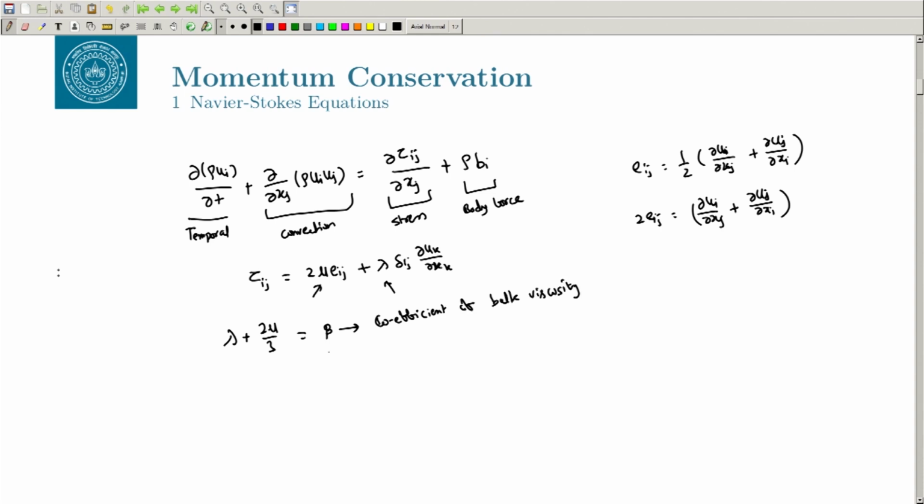So, then we said that for normal flow conditions, if the speed is not very high, it is not in the hypersonic region, or if the gas is, let us say, monatomic, in that case beta almost goes to 0 and lambda becomes minus 2 mu by 3, and this was called the Stokes hypothesis.